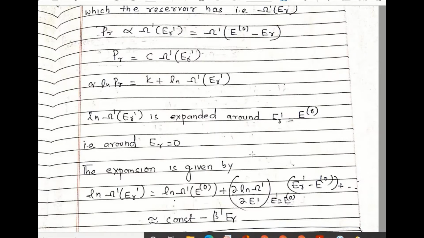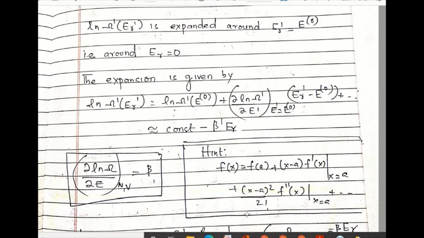Once you do the expansion, the basic expression is as given when you expand about a point. So ln omega prime Er prime is equal to ln omega E0 plus dou of ln omega prime by dE prime at E prime equal to E0, times Er prime minus E0.